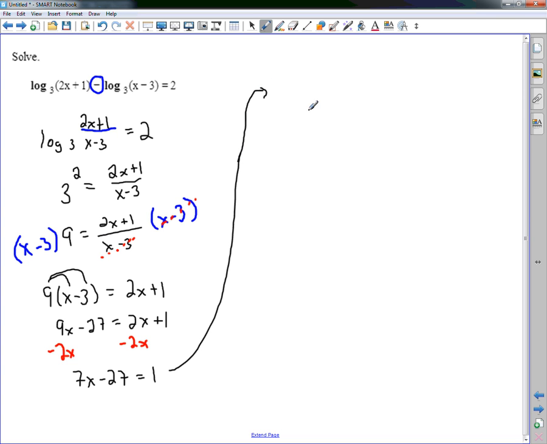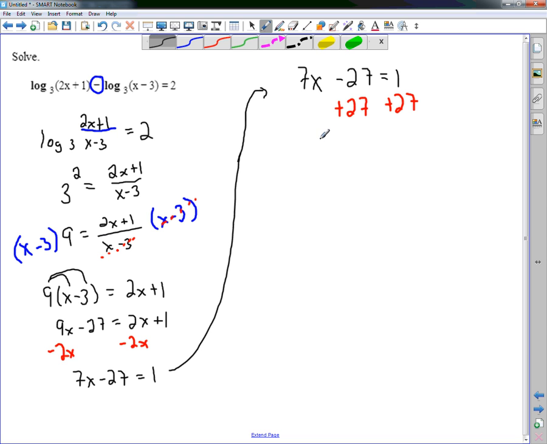I'm just going to move that up to the top of the page. And then I'm going to go ahead and add the 27 over. And we get 7x equals 28. And the last thing we have is divide by 7, divide by 7. And we get x equals 4.